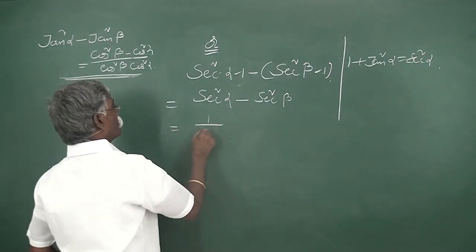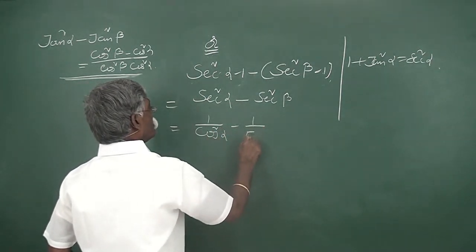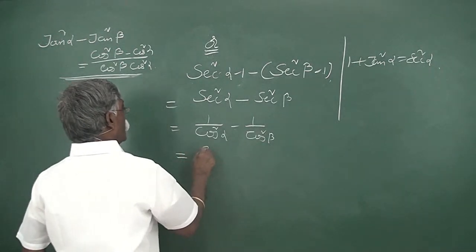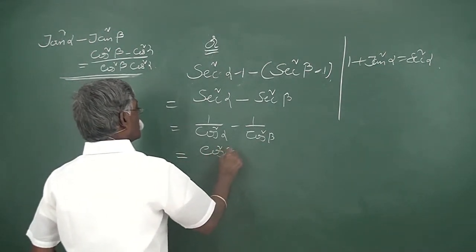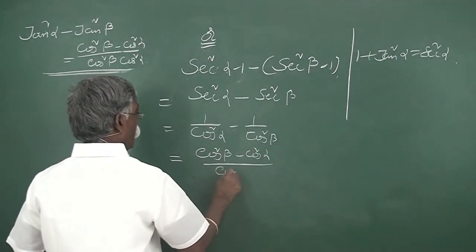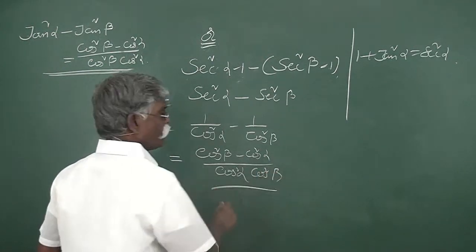Now let us write this as 1 by cos square alpha minus this is 1 by cos square beta. Now if we take the LCM, cos square beta minus cos square alpha by cos square alpha and cos square beta.